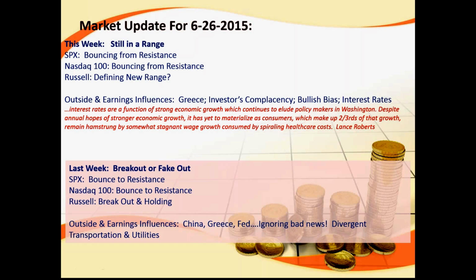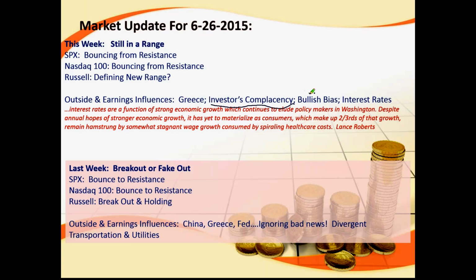Outside influences that influence both this week and will be carried on into next week. There's growing discussion here lately about this one item right here. It's called investors' complacency. I don't know exactly how they measure that, other than when the market has bad news, it's been tending to go up lately.